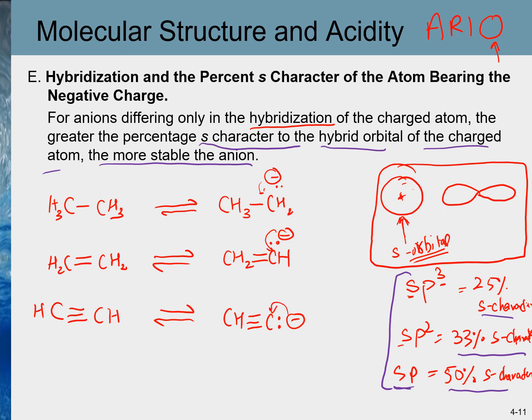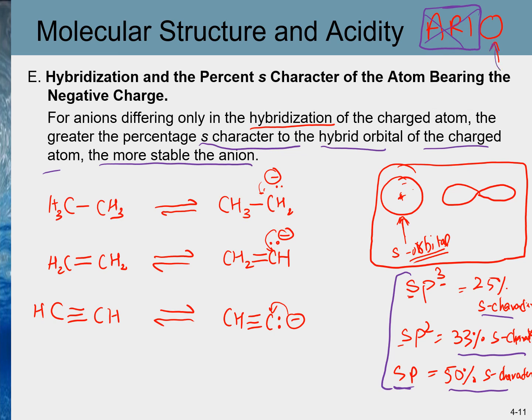Now electronegativity is the same, size is the same, there is no resonance, there is no induction, so the first three components of the ARIO equation do not distinguish the acidic character of any of these three compounds. That's where the final part, the orbital part, comes into play.